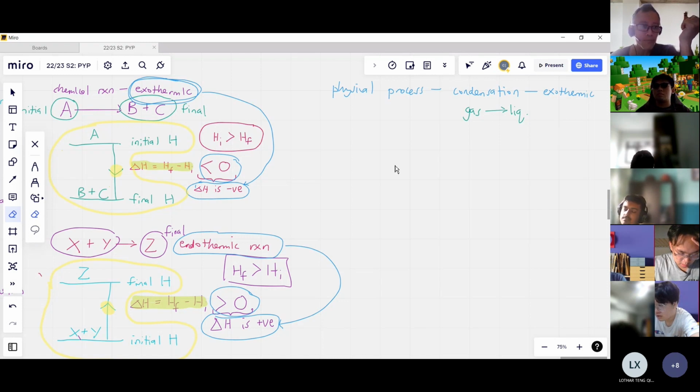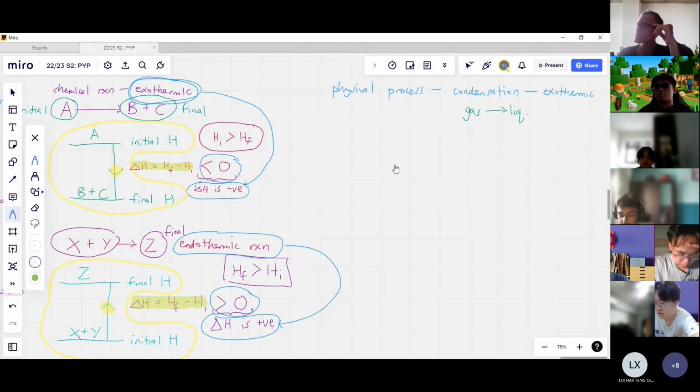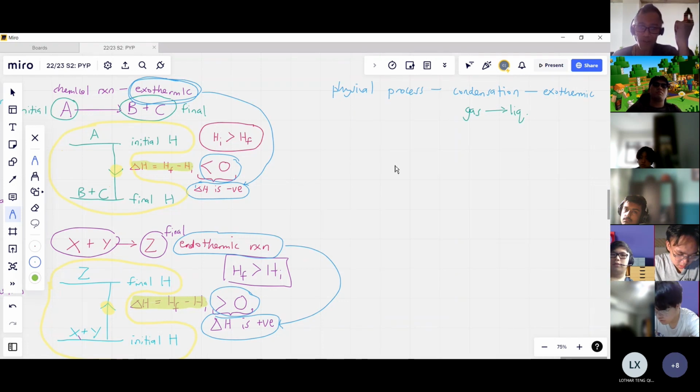So next, how do I draw the energy diagram? I leave it up to you, but for me, how do I remember exothermic? Exothermic is always downwards. Endothermic is always upward arrow. That's how I will remember it.